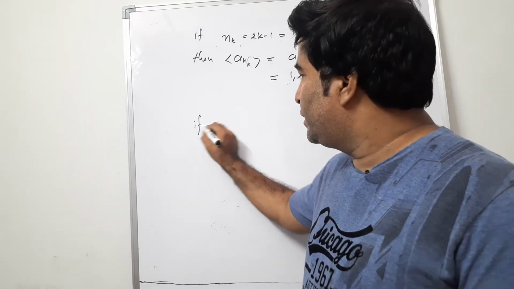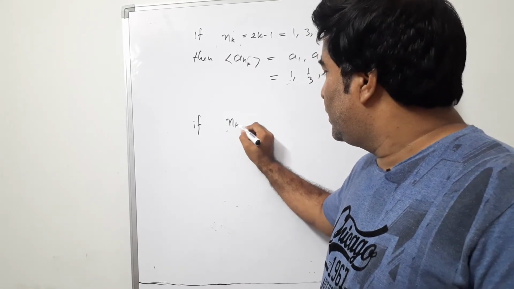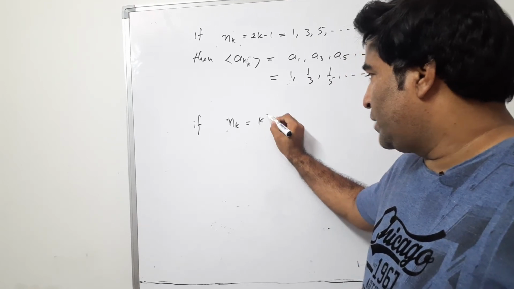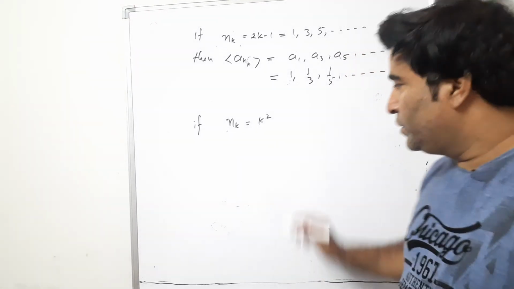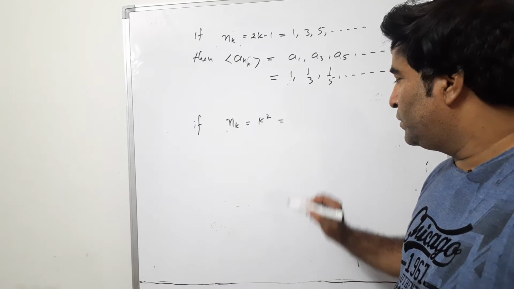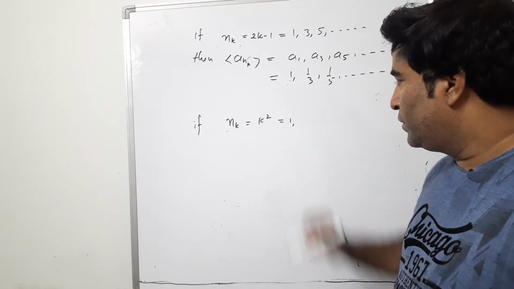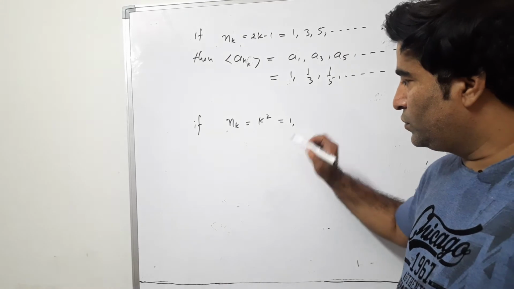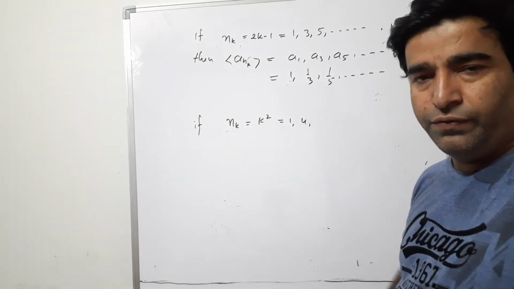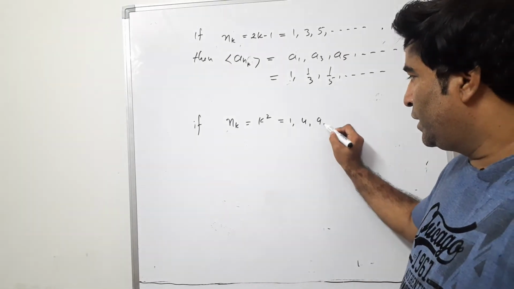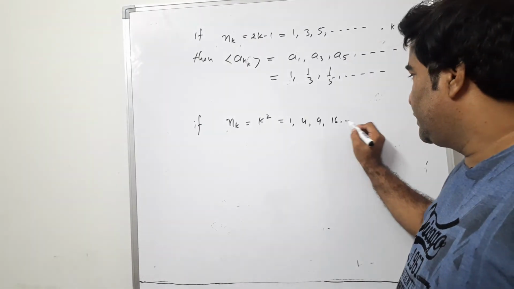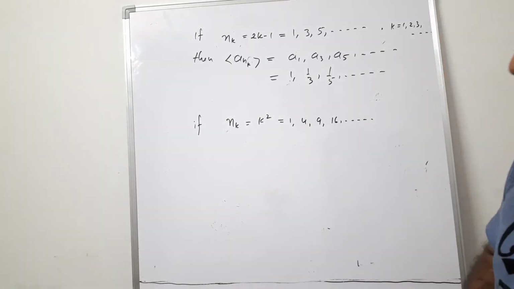Similarly, if we take nk is equal to k square, so here we take k equal to 1, this becomes 1, k equal to 2 we have 4, k equal to 3, 9, k equal to 4, 16 and so on.